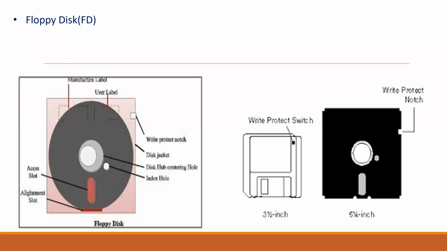They are not used in the same drives. If you want to use a 3.5 inch floppy, it requires the same size floppy drive. If you want to use 5.25 inch, we must use the same size floppy drive.